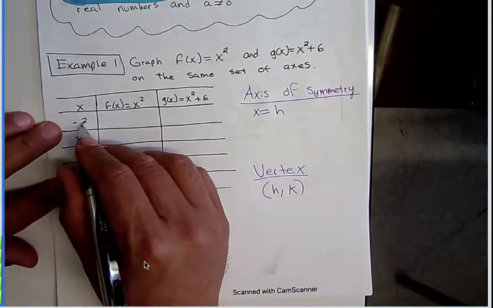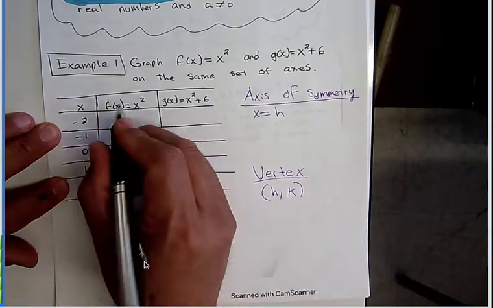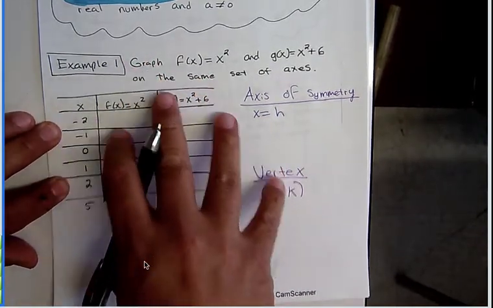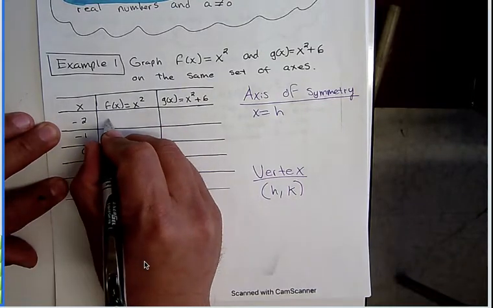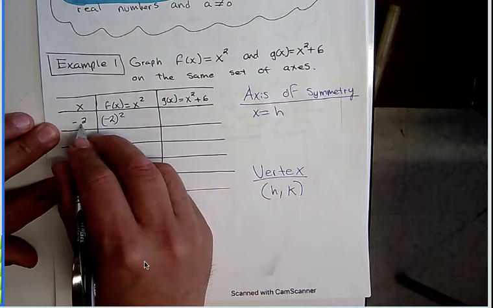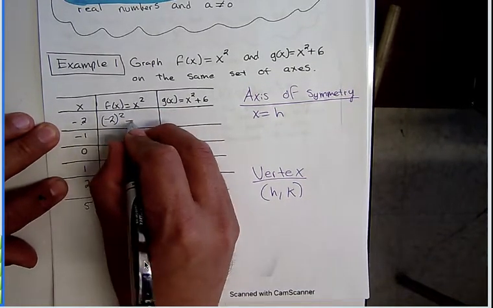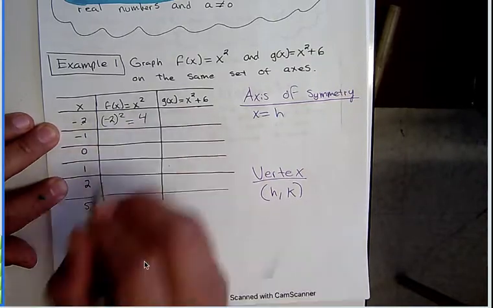We choose these x's, and then we substitute. I'm only going to do it once for this example. Since this function has a square, we put the -2 in for x and evaluate: -2 squared gives me 4.